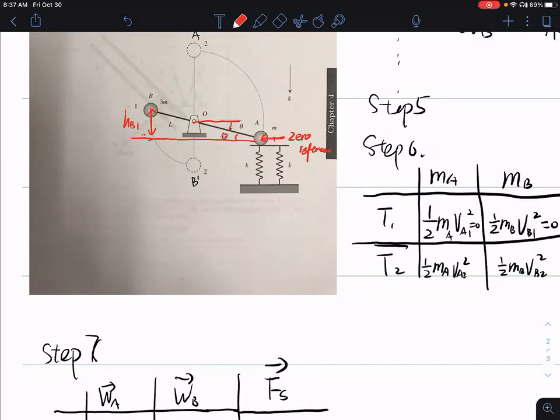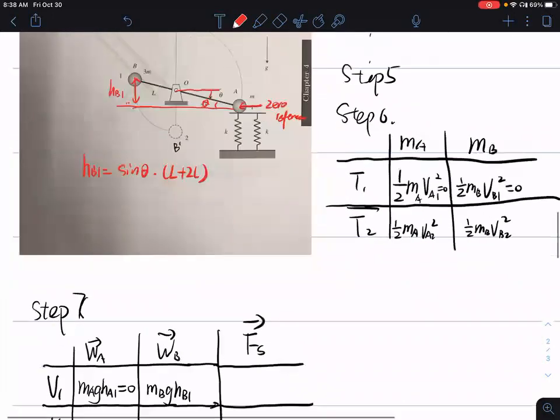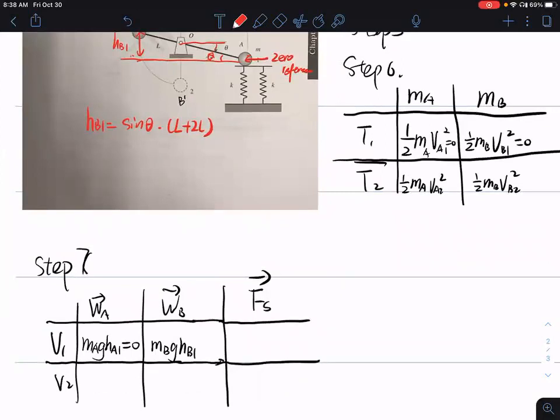This angle is theta. Inside that triangle, we know the total length of the rod, which is L plus 2L. We can use sine theta to find the height hB1. So hB1 equals sine theta times L plus 2L. I don't have the space to write that down in my table, but you should.